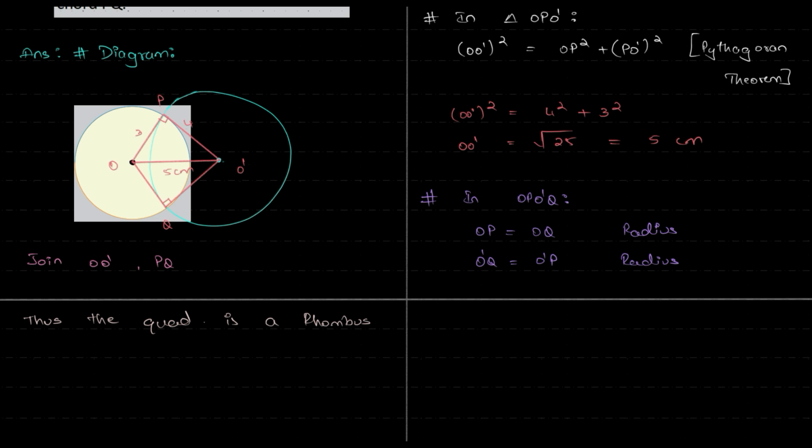Okay, and now we can tell from this O dash bisects PQ and are perpendicular to each other. Again, all this is the property of a rhombus. Okay, so I'll give stars to this.